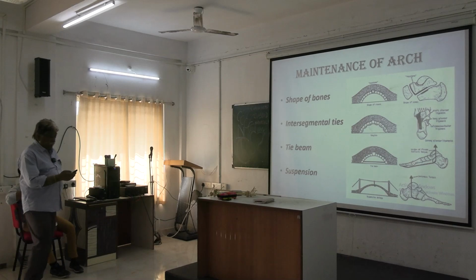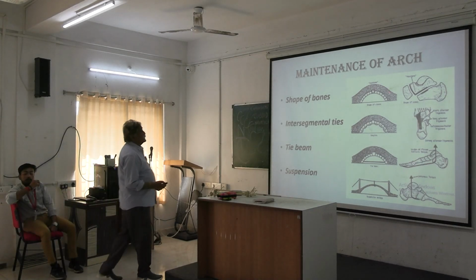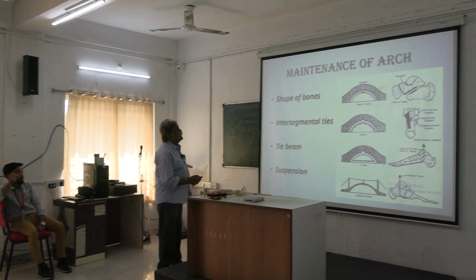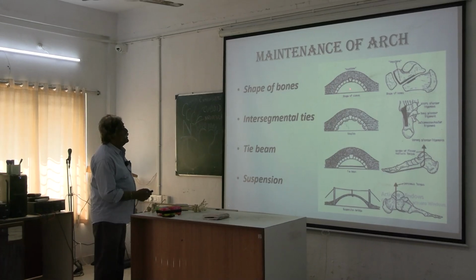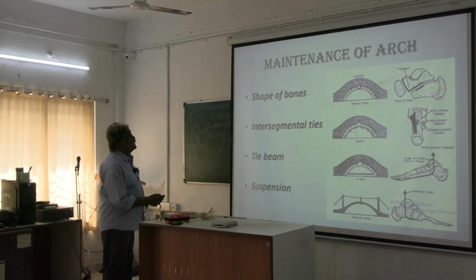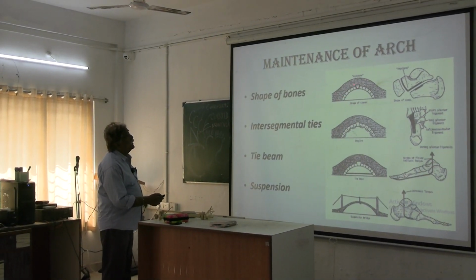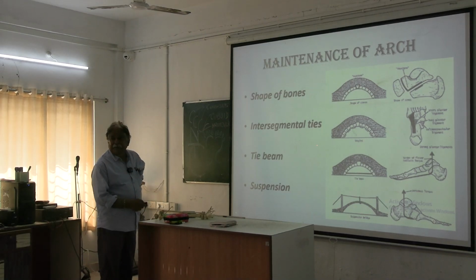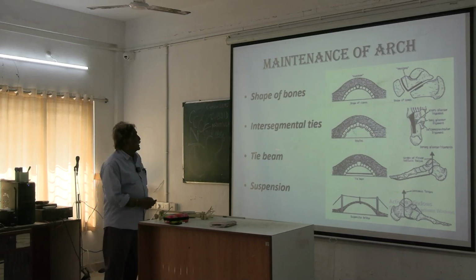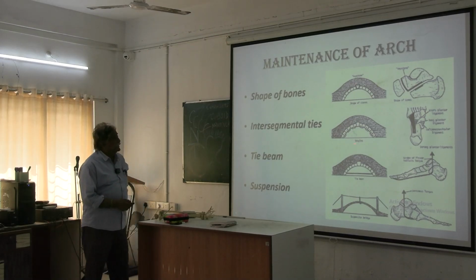Now see, this is the keystone, and see the shape of the stone. This is the keystone, and the shape of bones is like the shape of stones of a bridge. Okay, intersegmental ties.